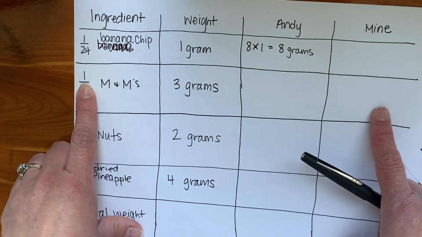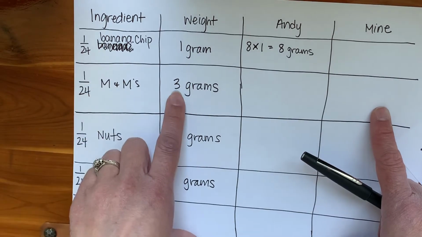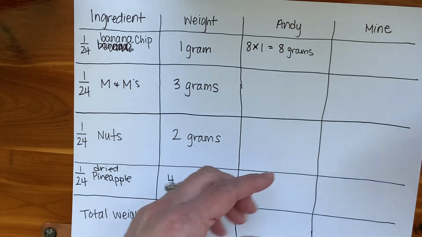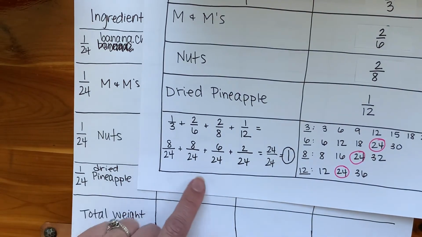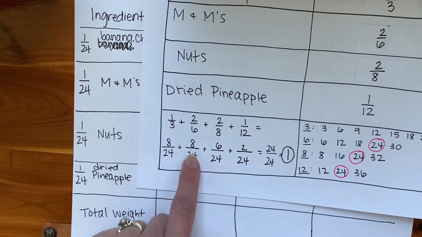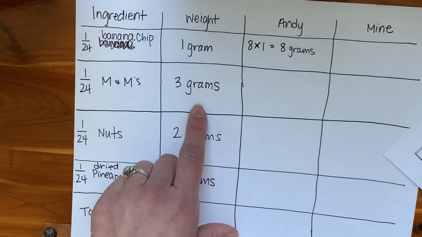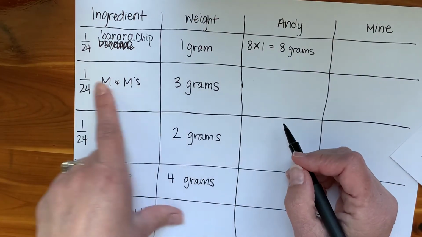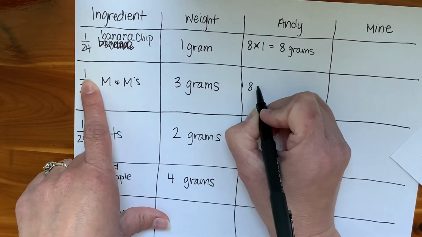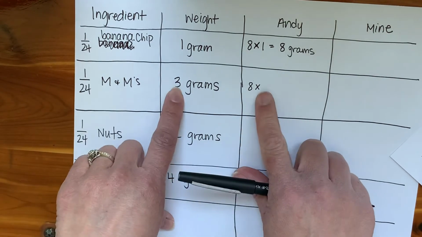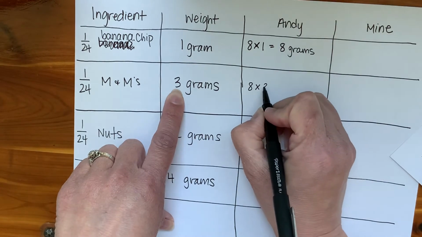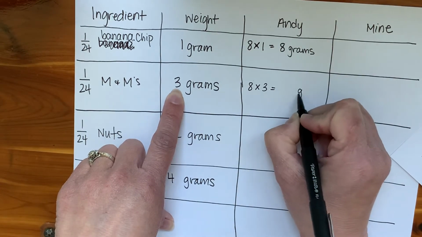If 1/24 of M&Ms is 3 grams, and we come back to Andy's trail mix, we notice that he had 8/24. We're going to take this 8/24, and each of those 24ths is 3 grams, so we multiply by 3, and that gives you the number of grams.